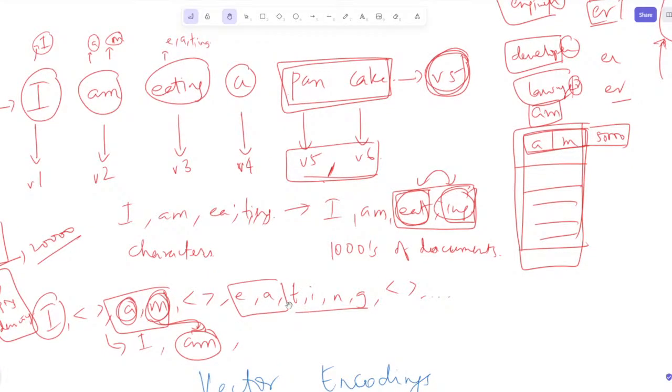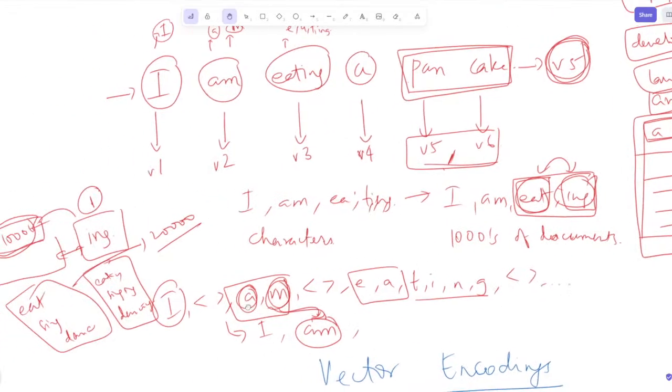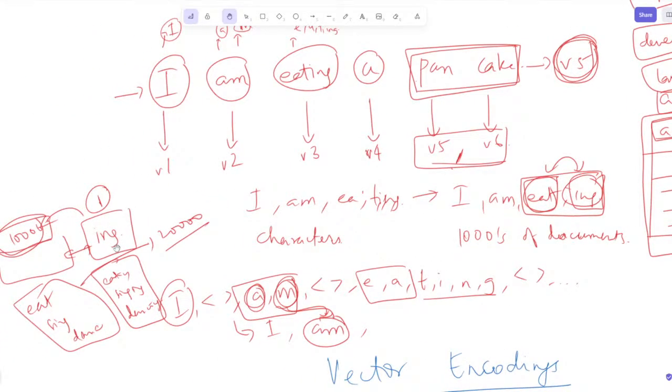But when we say EAT and I, if we start taking all the possible ing after the verb, then this will become a 10,000 word vocabulary here of eat, sing, dance, and merging ing into them will create 10,000 new words of eating, singing, dancing, and so on.